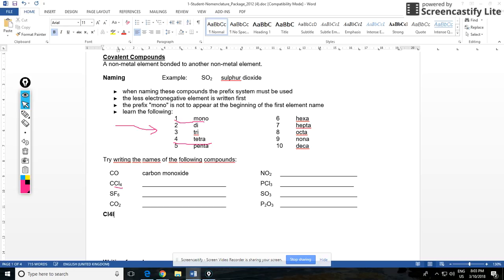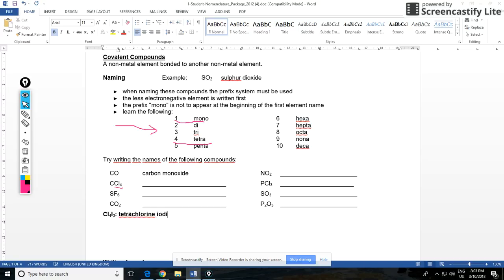Cl4I3, so here we have 4 chlorines. Let me just make that a proper subscript here, and 3 iodides, so I'll make that a proper subscript as well. So here I have chlorine. Now I have 4 chlorines, so I'm going to use the prefix tetra, so it's tetrachlorine.